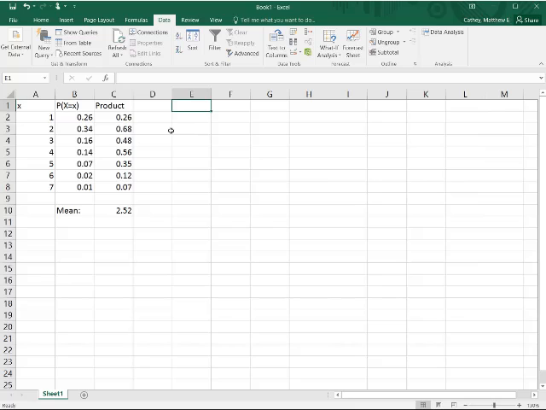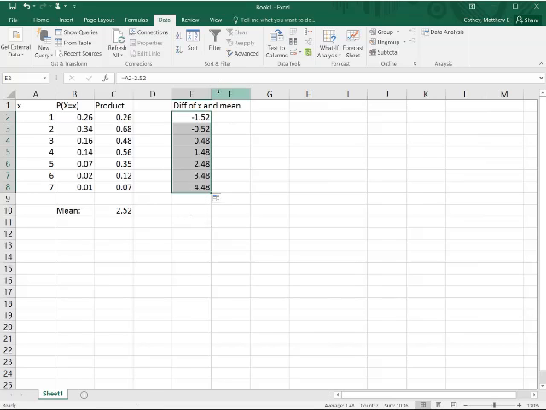The first thing we need to get is the difference of each individual x value and the mean. So let's compute those here. This is going to be equal to the actual value minus the mean, and I'm just going to type in the mean, 2.52. And we'll copy that down.